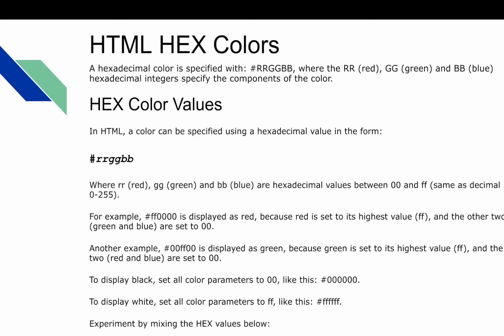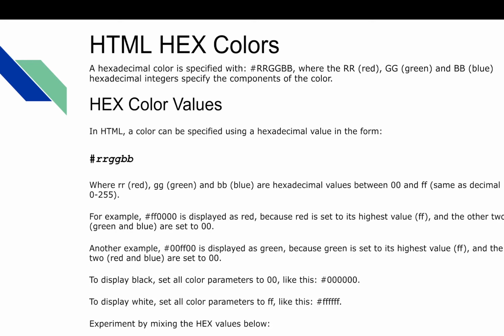So in HTML, a color can be specified using a hexadecimal value in the form of #RRGGBB, where RR stands for red, GG stands for green, and BB stands for blue. Values are between 00 and FF, the same as decimal 0 to 255. For example, #FF0000 is displayed as red because red is set to the highest value, FF, and the other two, green and blue, are set to 0.